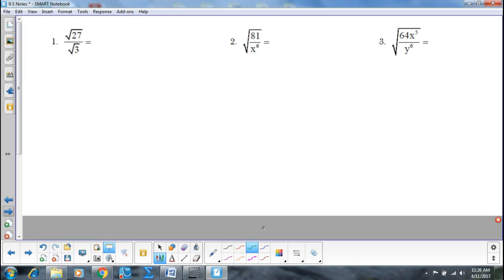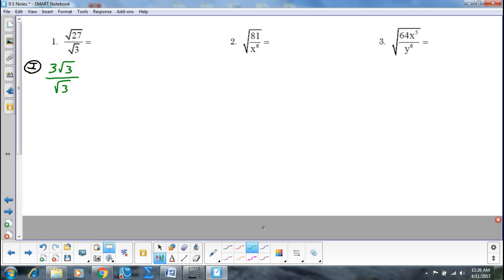Now, there's a couple of different ways that we could do that. We could do the square root of 9 is 3. So one way is we could make this be 3 times the square root of 3 over the square root of 3, right? Because the square root of 27 is 3 times the square root of 3.